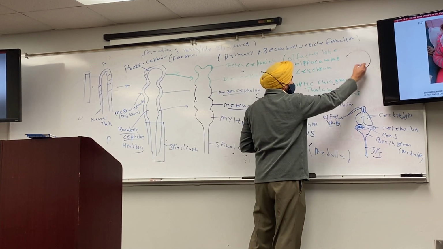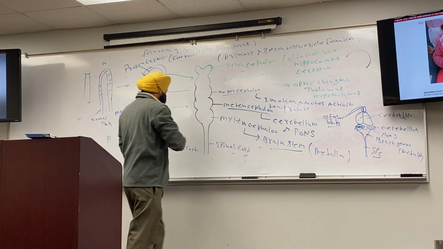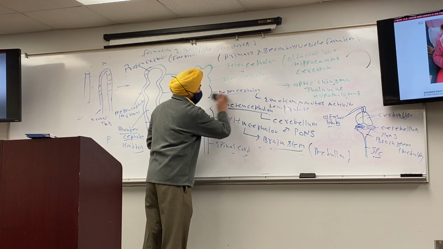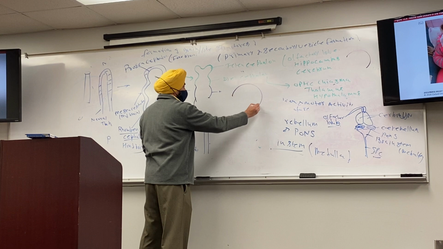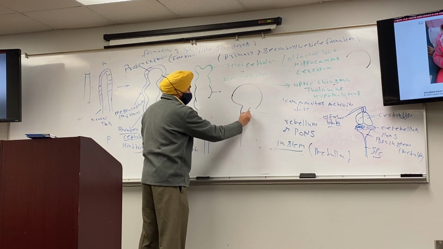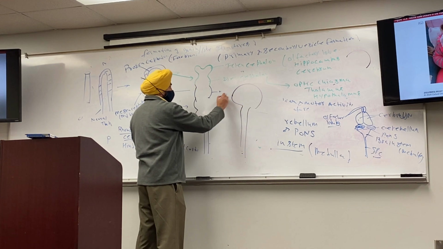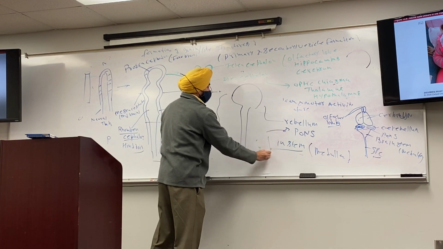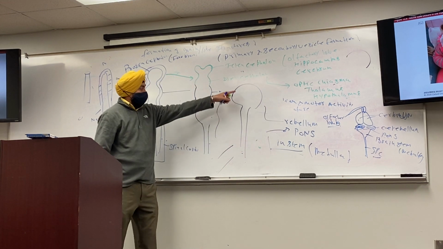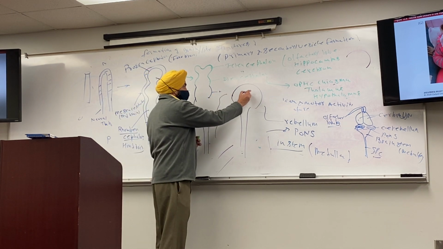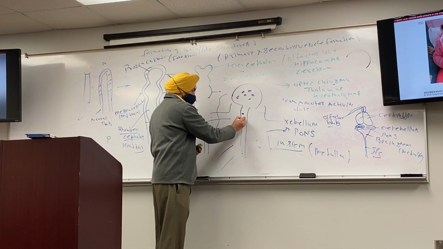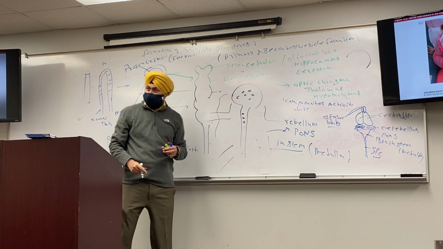Think about the human body. If this is the human body, let me just draw it here. If this is the human body, and the rest of the body is here, you know, arms, legs, all those things. So brain is here, so all the cells are here. All the cells are here, right?